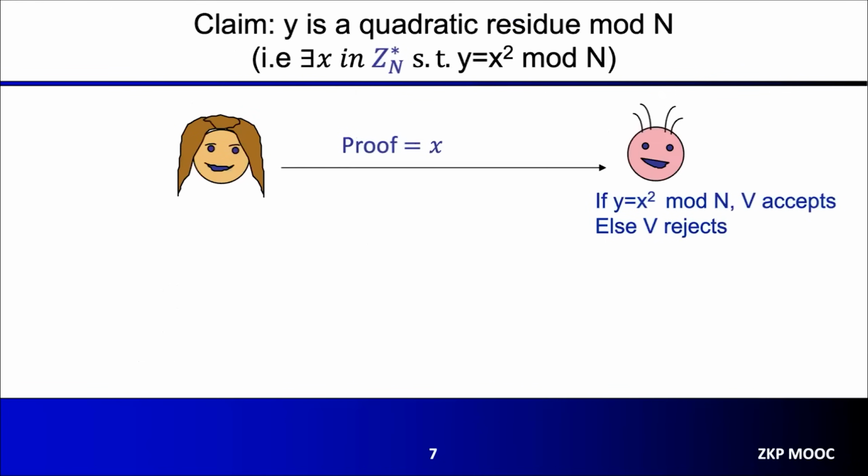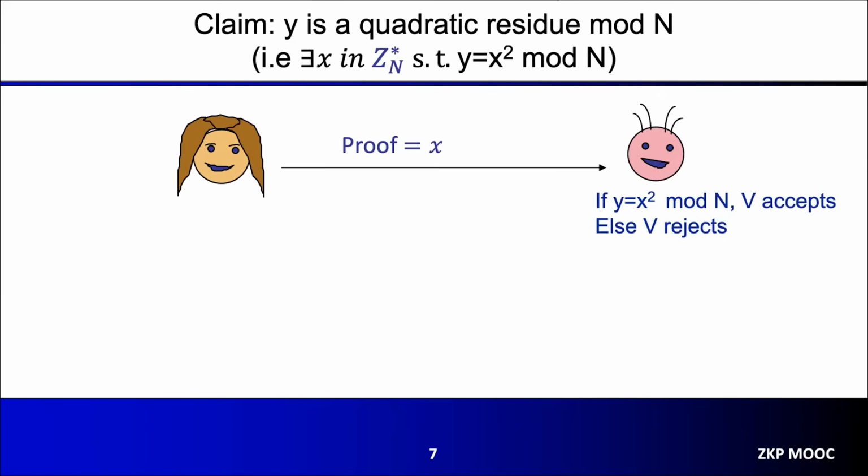Second example. Now the prover is trying to convince the verifier that a number y is what we call a quadratic residue mod a modulus n. So the input to these two, prover and verifier, is a pair y and n, and the claim is y is a quadratic residue mod n. What does it mean to be a quadratic residue?